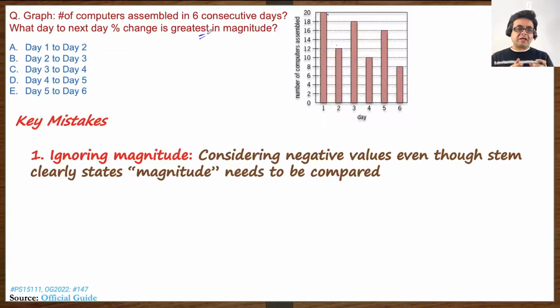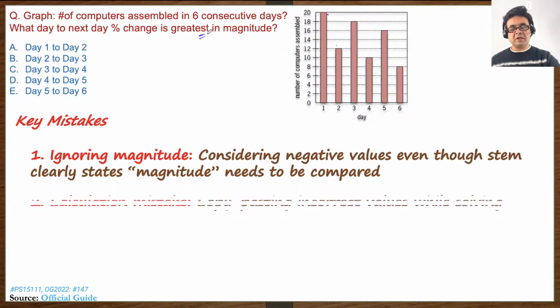Since it is given as magnitude, you have to consider whether it is going from top to bottom, which is decreasing, or in the increasing direction. You have to find the percentage changes in all of them.